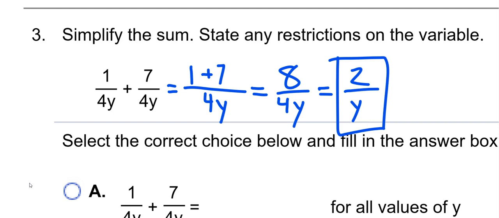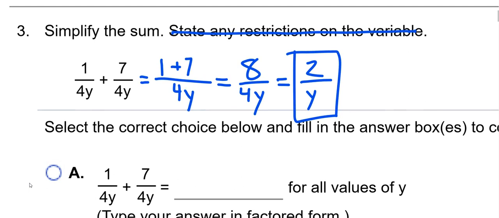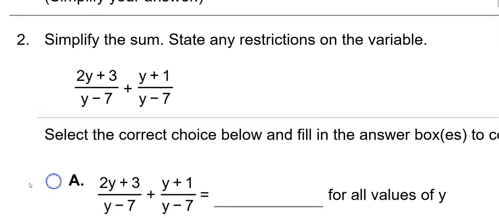So you see that instruction right there stating the restrictions on the variable. I'm going to throw that out as an instruction. I'm more interested, do you know that you can add them together, that you're not changing the denominator, and can you reduce it? Okay, back to question 2.